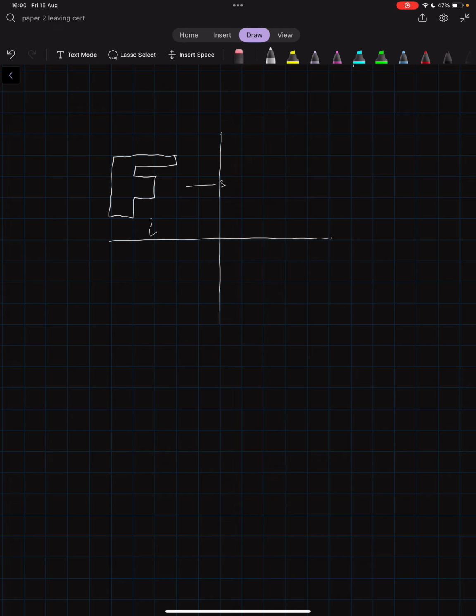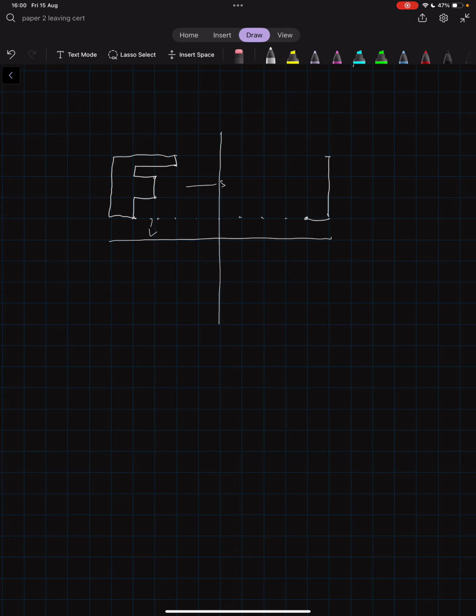What does it turn into? The way you do it is you look at the different points and you bring them over. So 1, 2, 3, 4, then you do another 4. So that point goes there. So the F goes here and the back line is here.